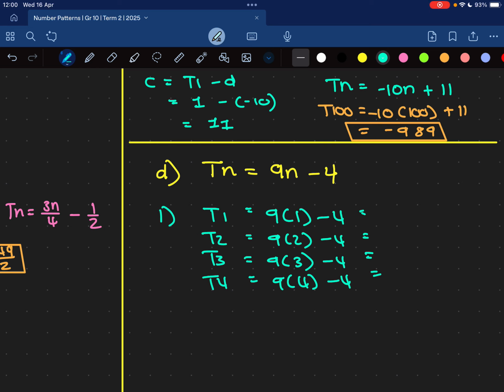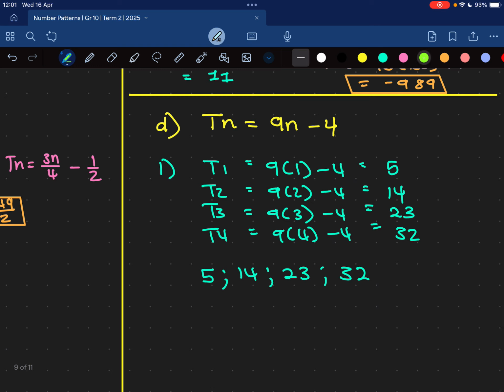So you would have 5 for your first term, then 9 times 2 is 18, minus 4 is 14. Okay, 9 times 3 is 27, minus 4 is 23. And then 9 times 4 is 36, minus 4 is 32. So you write it out: 5, 14, 23, 32.